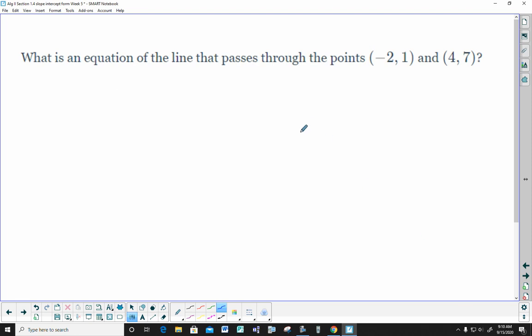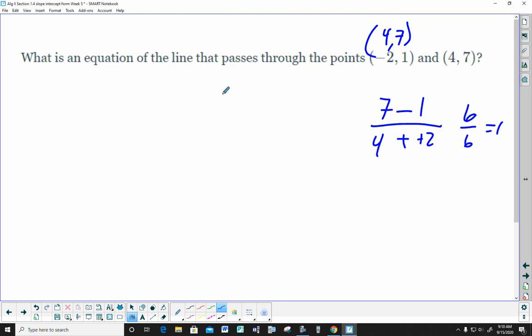Okay, this one, find the slope first. So 4 and 7 are up above. Find the slope. Y is on top. X is on the bottom. So you get 6 over 6, so the slope is 1. Now, you can pick either point. So I'll use the point -2, 1 first.